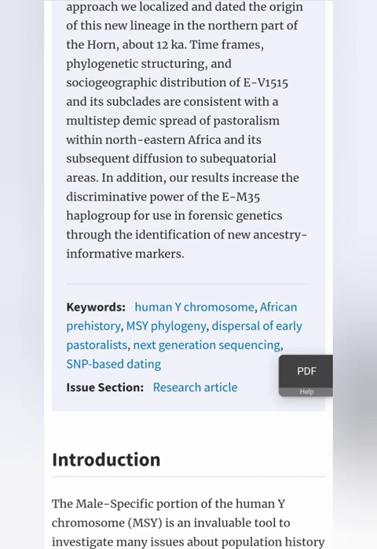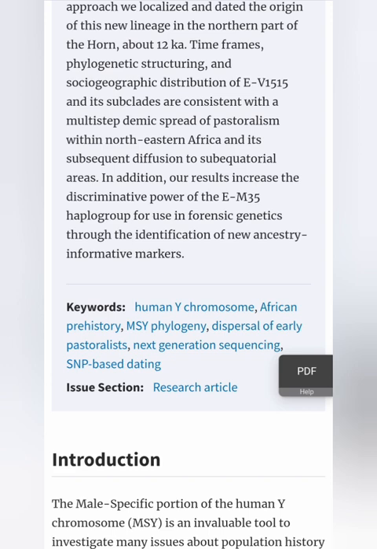Time frames, phylogenetic structuring, and sociogeographic distribution of EV1515 and its subclade are consistent with a multi-step demic spread of pastoralism, subsequent diffusion to sub-equatorial areas.